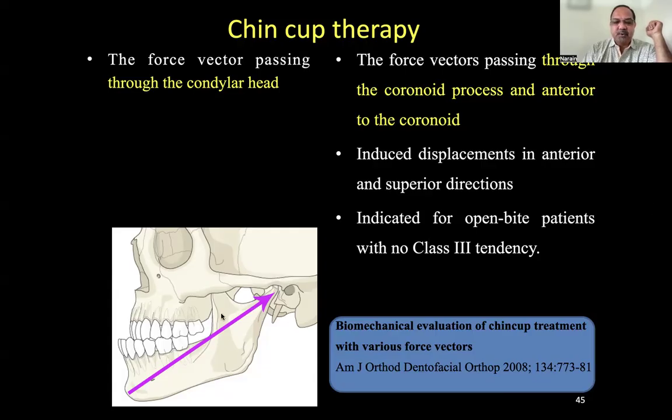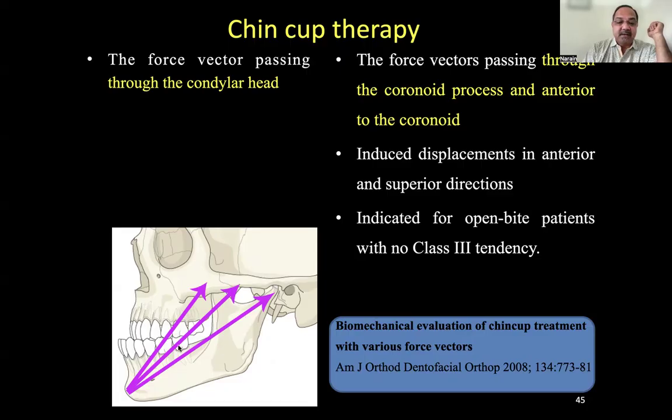So when you have an open bite tendency, then you need to pass the forces anterior to the condyle, that is through the coronoid, or anterior to the coronoid.